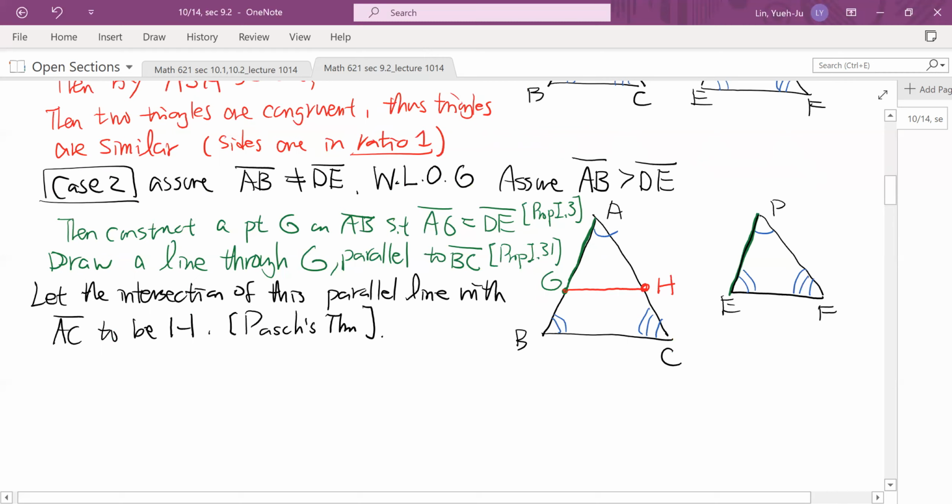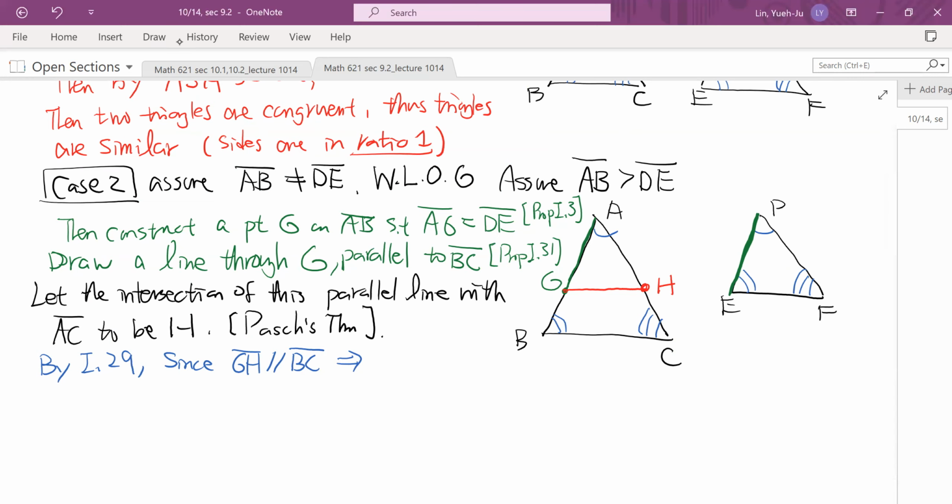Okay, so after this, we go back to the picture of the first proposition I mentioned, Proposition 6.2. First of all, I need a couple more pieces of information. Now we have two parallel lines, so we can use the theorem that we like a lot, Proposition 1.29. Since GH is parallel to BC, several angles will be equal.